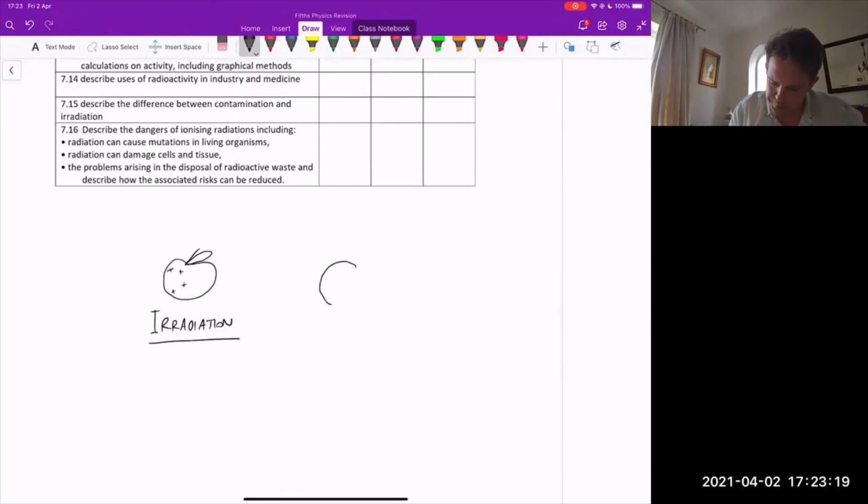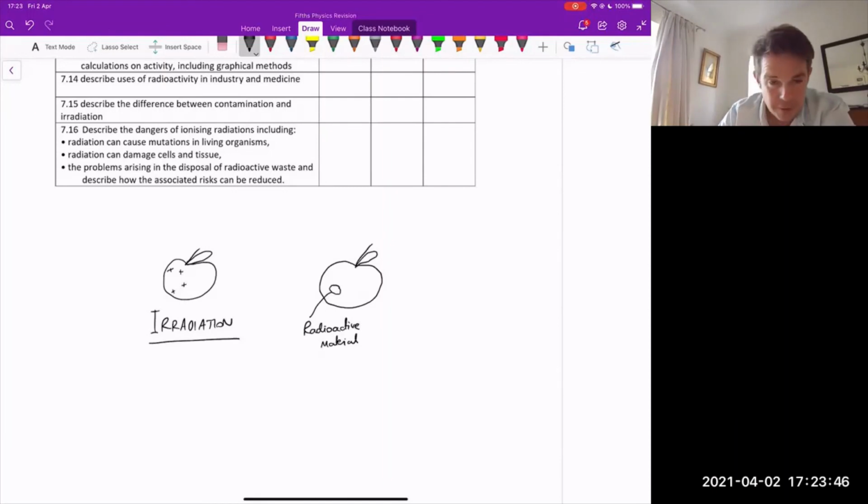Compare that to a situation where you take the apple and then actually add to the apple, like, you could dig a hole in it or stick to the outside of the apple some radioactive material. So if this is some radioactive material, now the apple would be being irradiated, sure, because there'd be radiation coming from the radioactive material.